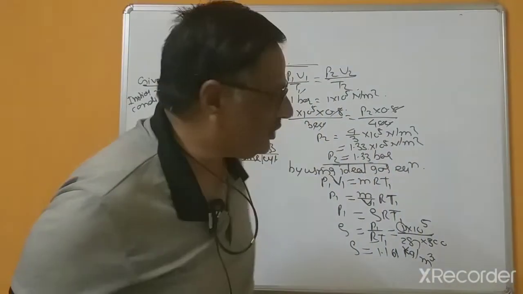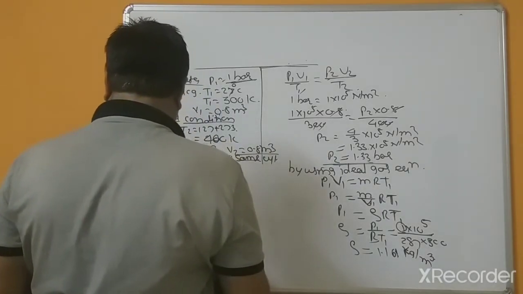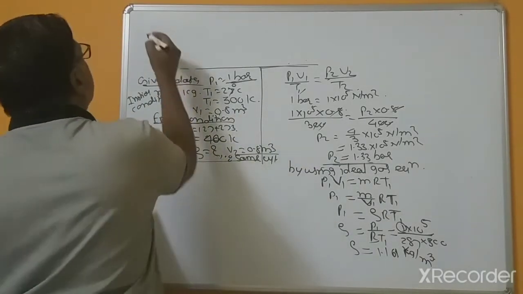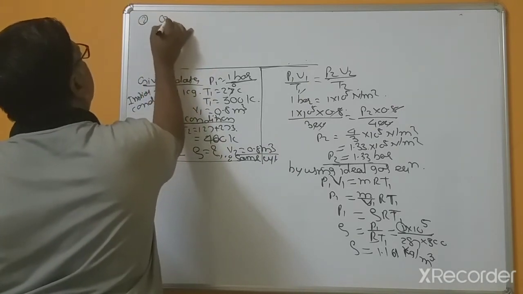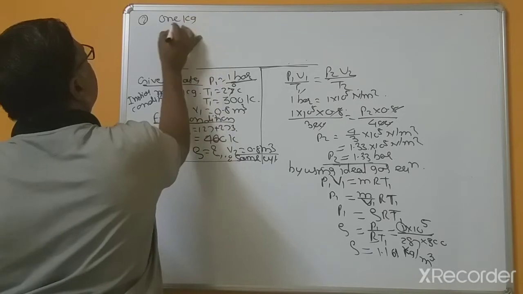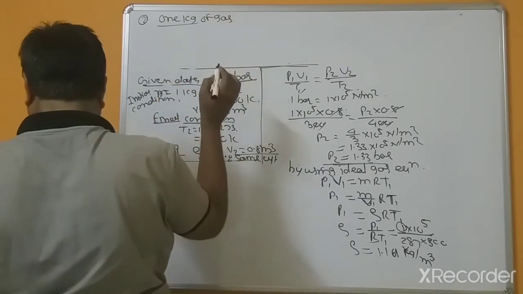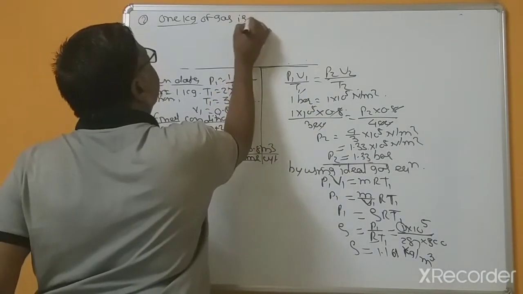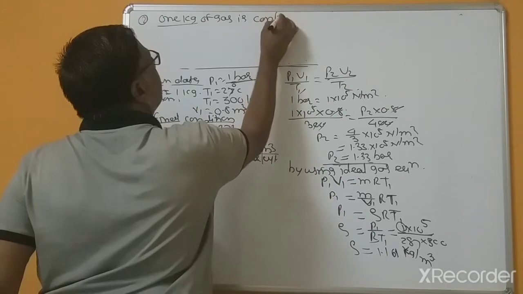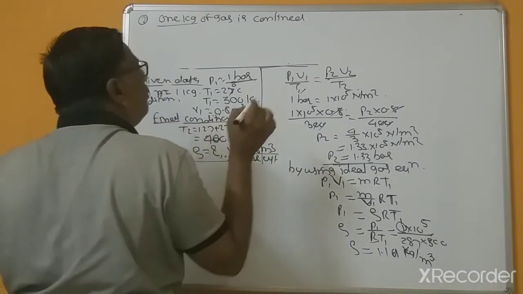Next problem, second problem of today. One kg of gas is confined to a constant volume tank.